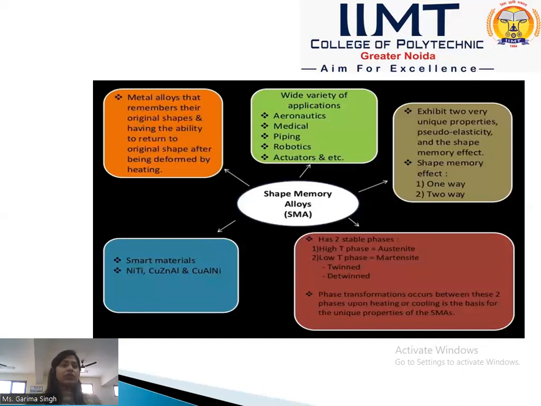These are two different methods that these smart materials use to recall their original shape. There are various smart materials, for example NiTi, copper-zinc-aluminum, and copper-aluminum-nickel. These are the alloys that actually work as SMAs.